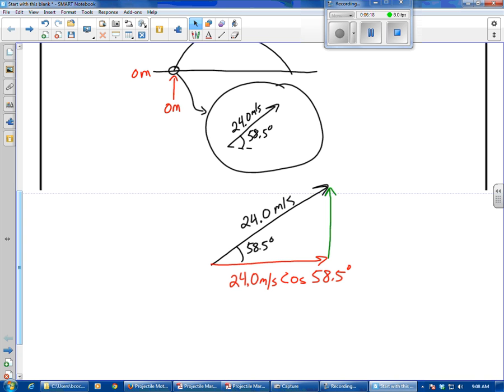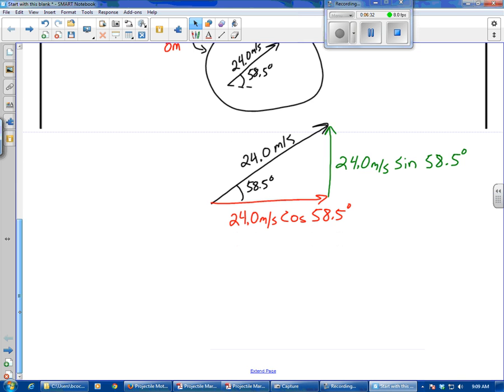The opposite side, which is related to sine, is 24.0 meters per second sine 58.5 degrees. So I can forget about the 24 and focus on the two components so that they're separate. Remember, this is just to make my math easier, because it's easier to do all the math in a line.